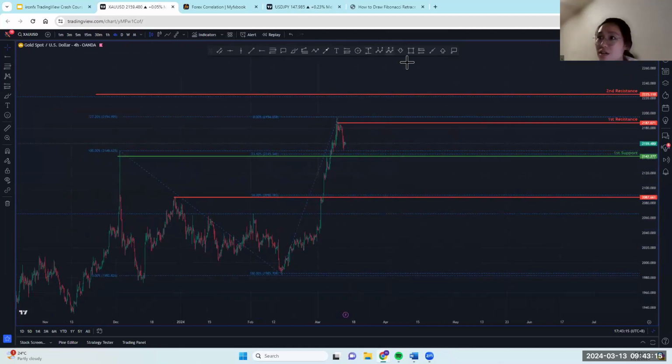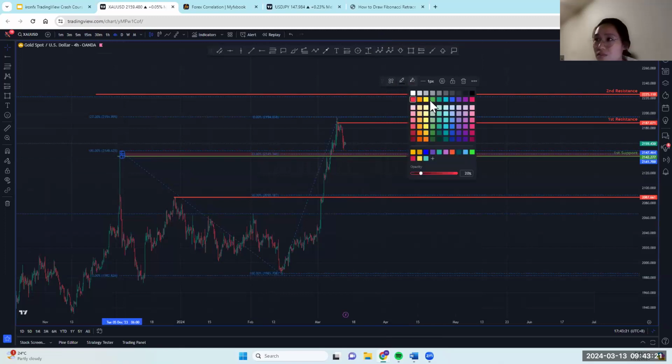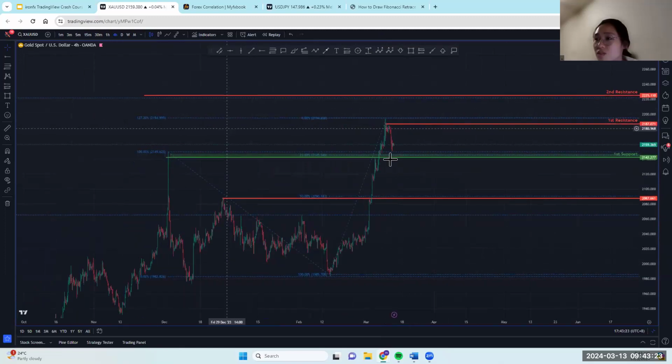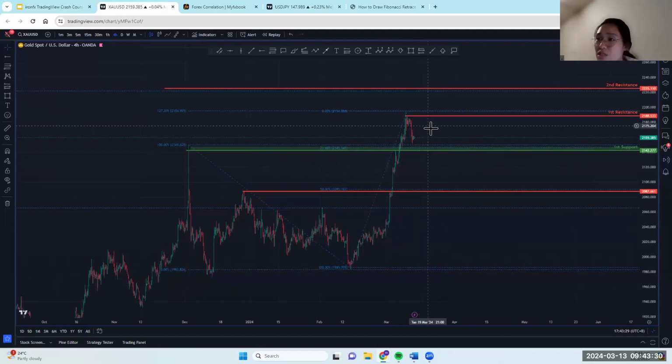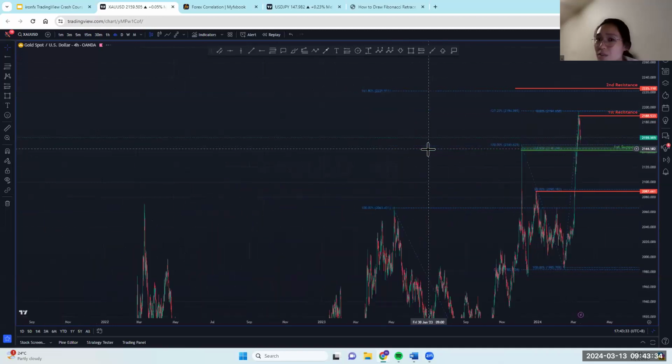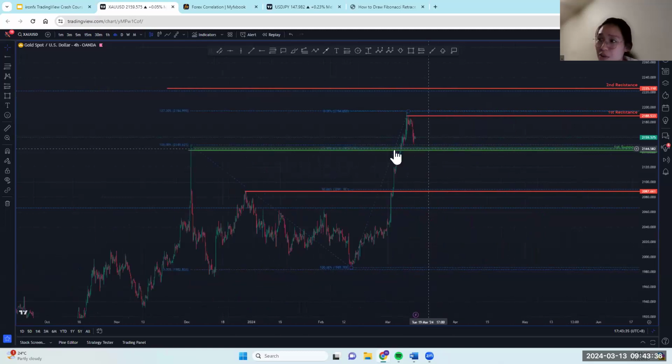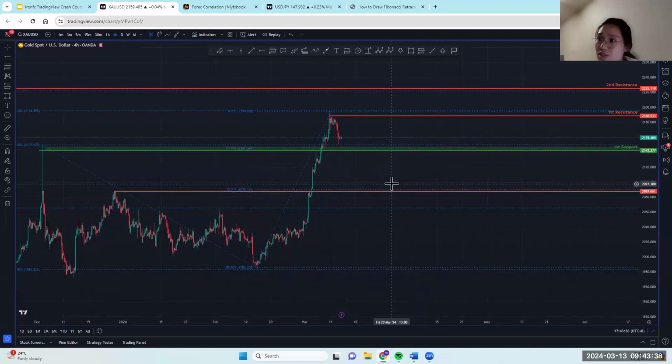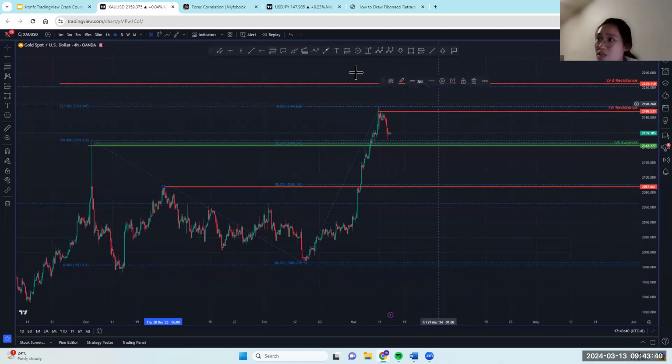Okay, so you can see this area here, we have a confluence area. So price is likely to be attracted to such areas of confluence. So we will see it continue to drop. Yeah, but we'll have to see if it'll break out of this area and head towards our second support here.